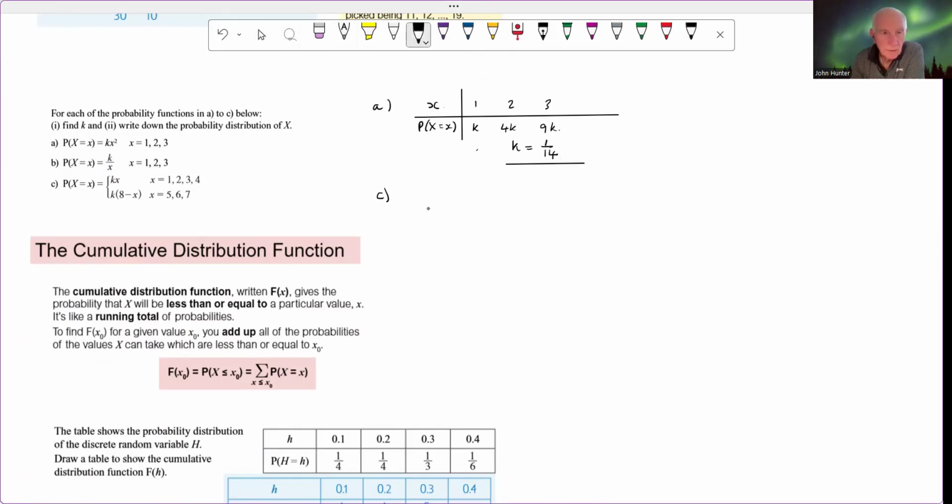In this case, we've got eight different values. So let's just draw a similar kind of thing. I have to freehand.